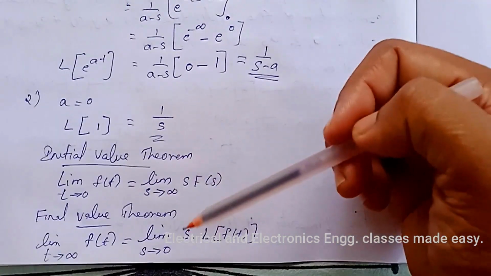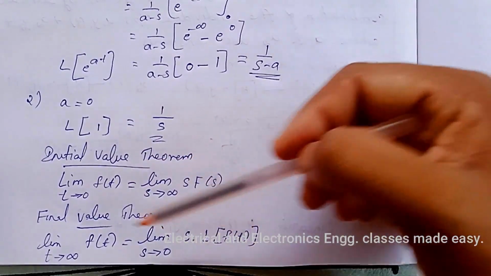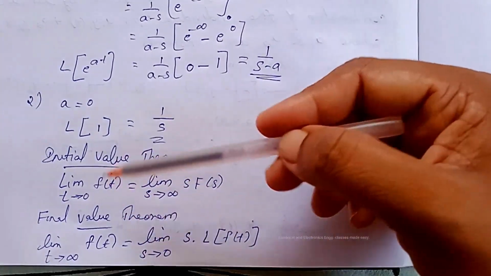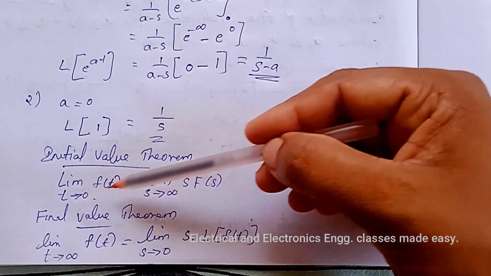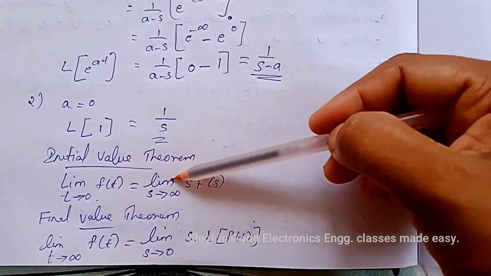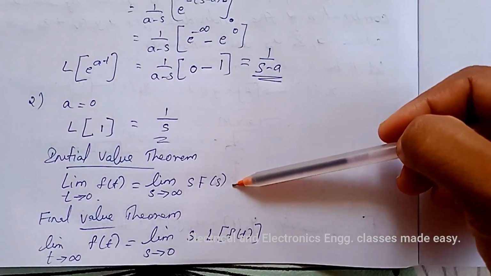Two important theorems in Laplace transform are the initial value theorem and the final value theorem. The initial value theorem is: limit t tends to 0 of f of t is equal to limit s tends to infinity of s into F of s.